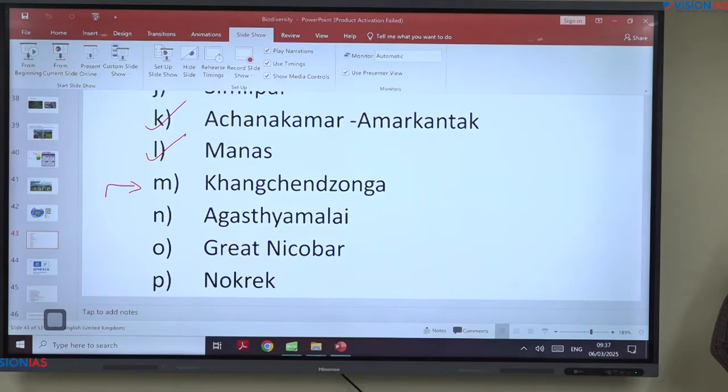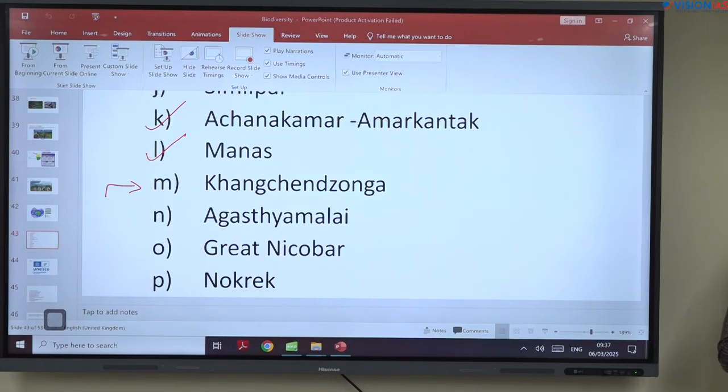Full stop. Okay. So what you have written, that this Kanchenjunga Biosphere Reserve is a World Heritage Site, but under which category? Mixed category. See, there are three types of World Heritage Site. Cultural World Heritage Site, like Taj Mahal, Sun Temple, Chhatrapati Shivaji Terminal, Mumbai. They all are cultural heritage sites. They have some cultural significance. Then you have natural World Heritage Sites, like Western Ghats, Valley of Flowers.